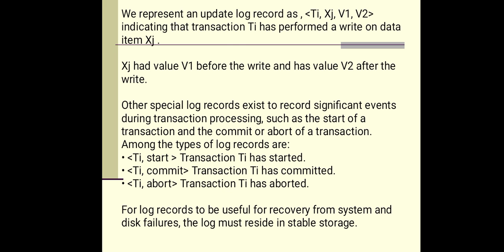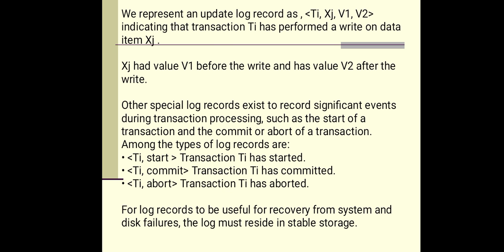We have other special log records that exist to record significant events during transaction processing, such as the start of a transaction and the commit or abort of a transaction. So these log records show when the transaction gets started, when it is committed or when it is aborted.